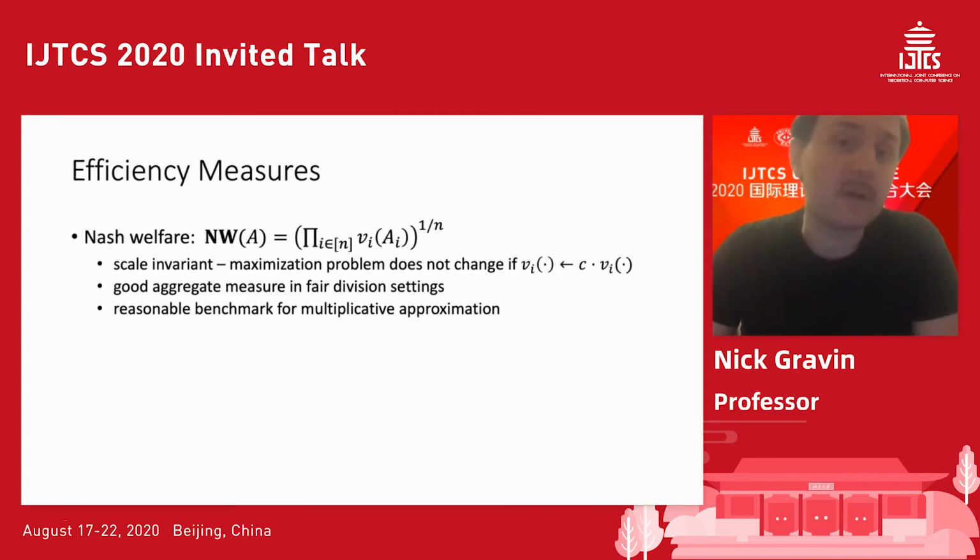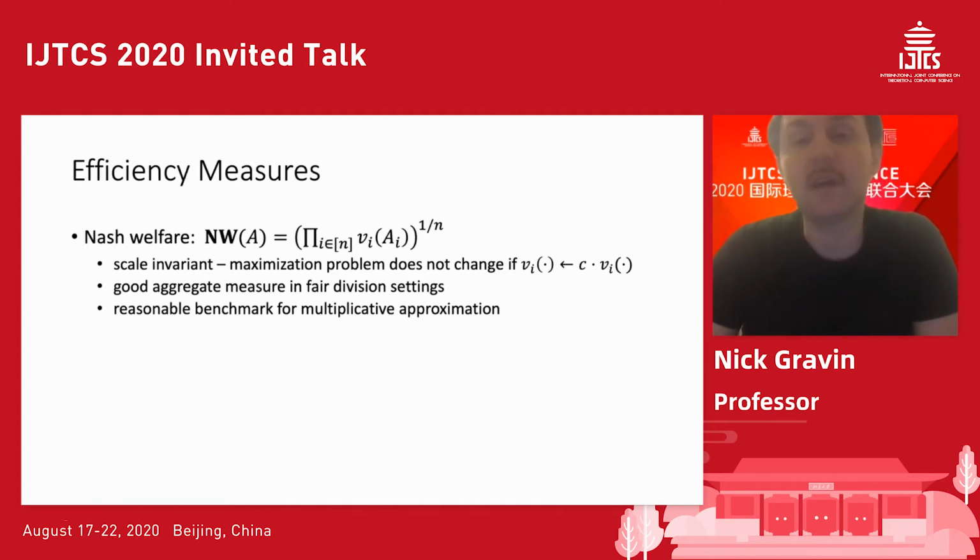So it's the nth root of the product of the valuations of the agents, and it has quite a few nice properties and fits well into the framework of fair division. One nice property of it is that it's scale invariant.